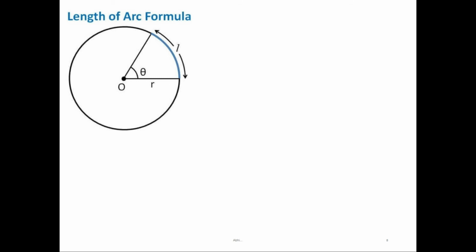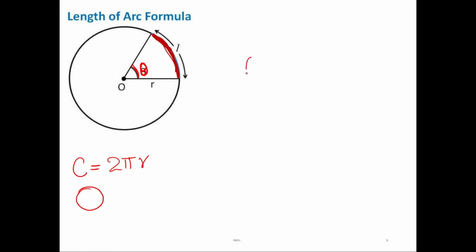Talking about arc length, we're talking about this arc here. I've just highlighted it, giving it a red. We know the circumference of a complete circle, the complete border of a circle, is equal to 2 pi r. And we are only talking about this arc which makes an angle of theta here.